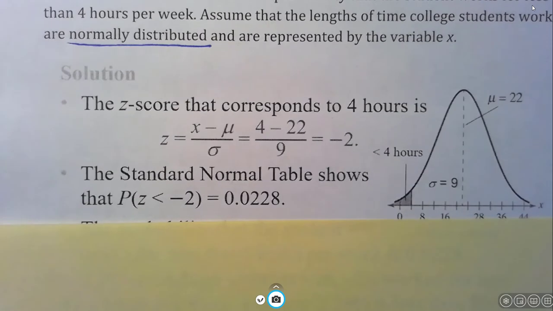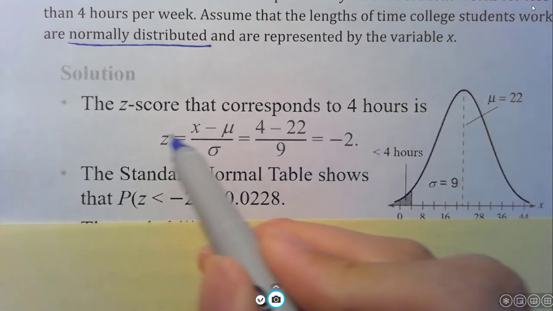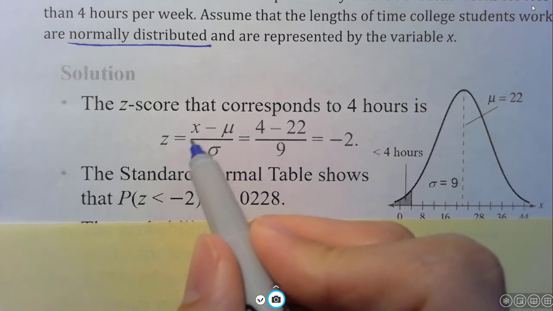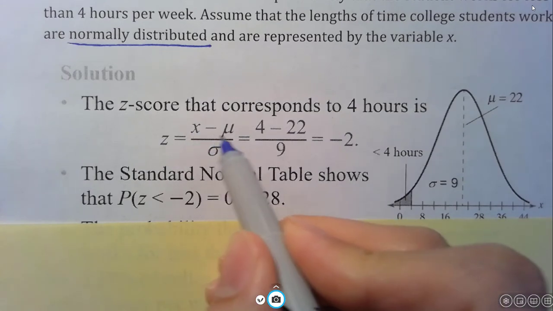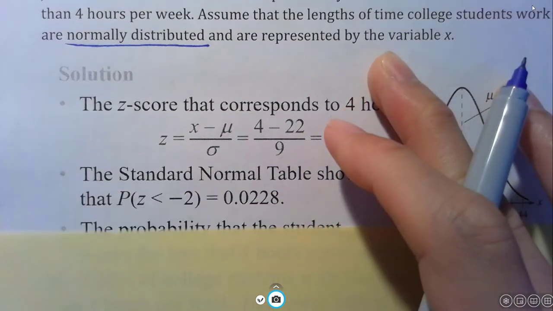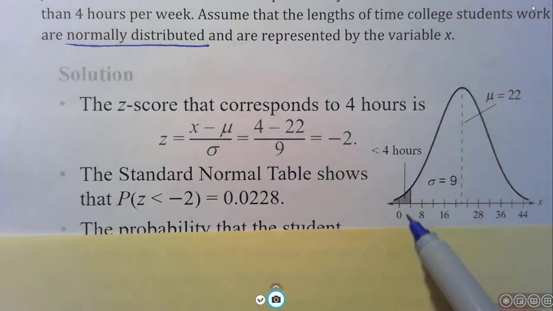So let's first convert it to the z-score so we can apply the z-scale. The z-score is equal to the x value minus the mean, divided by the standard deviation. We are looking for the corresponding z-score when x is equal to 4.